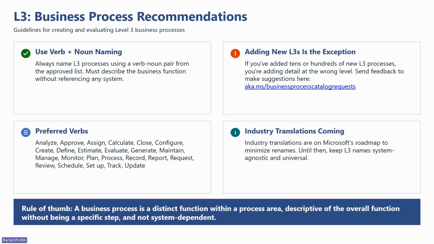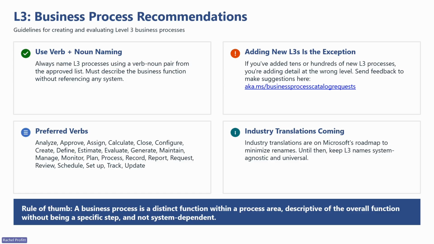Another key point on this slide is around overcreation. If you find yourself creating a large number of new level 3 processes, it's usually a signal that you're adding implementation detail too high in the hierarchy. That detail likely belongs in the scenarios or system processes instead. And finally, you'll see industry translations called out.